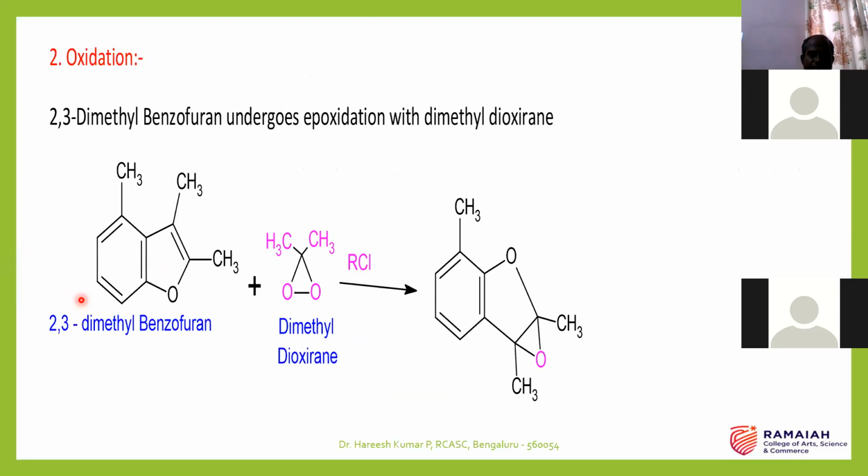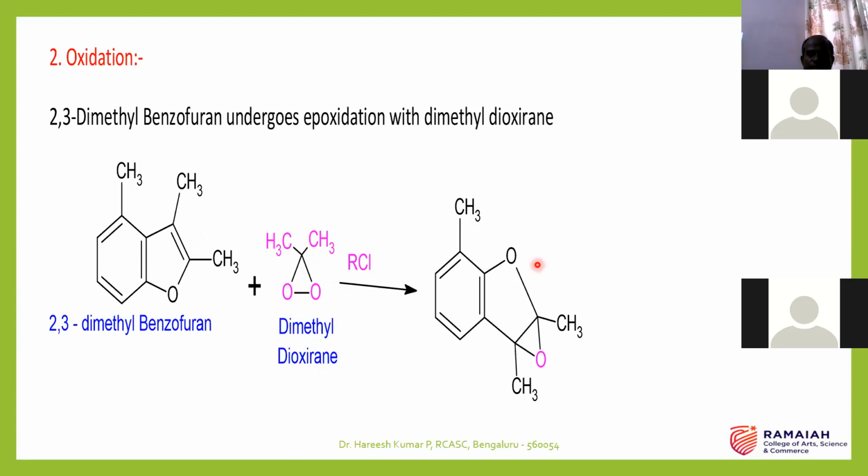Here we are taking an example where, instead of this group, there is HH, which is called hydrogen peroxide. H2O2 is hydrogen peroxide. This dimethyldioxirane is an oxidizing agent. It will act as a source of oxygen, and it will convert a double bond to the epoxide.